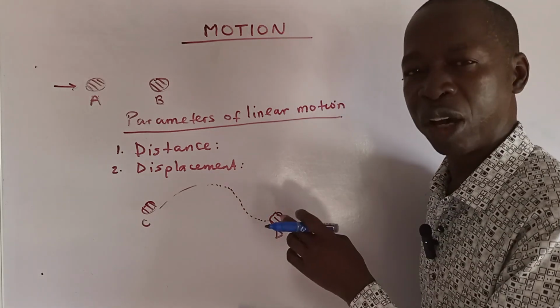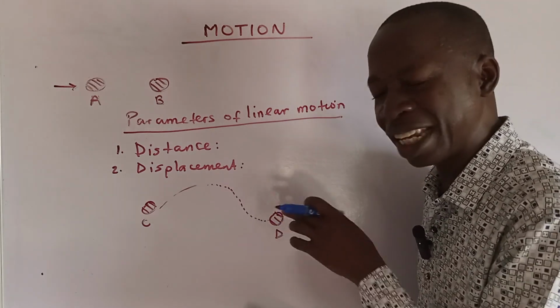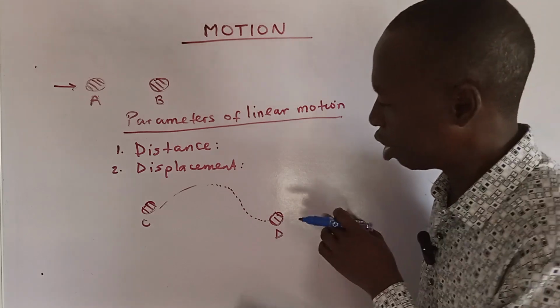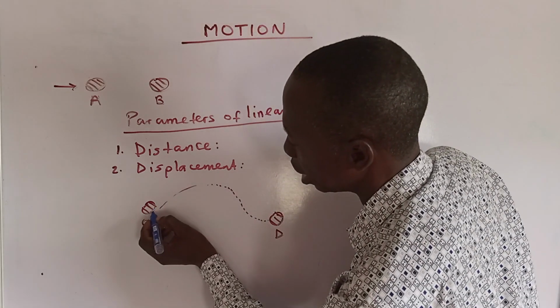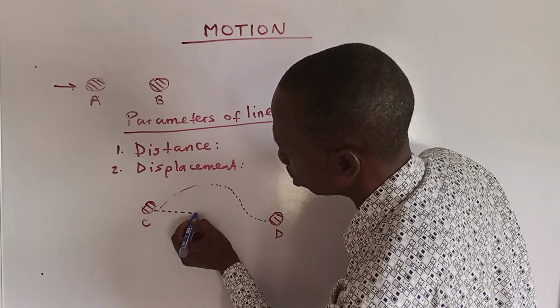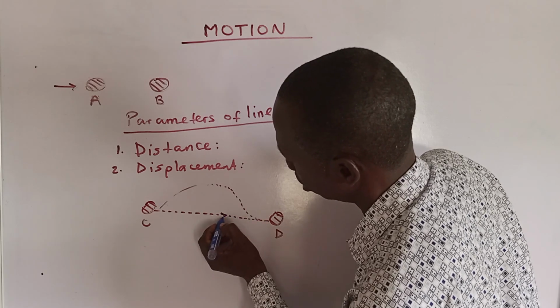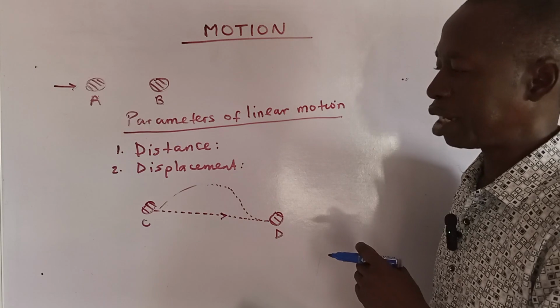But when we are talking about displacement, we're looking at the distance in a specified direction. So if from position C, I now move straight down, that's a specified direction.